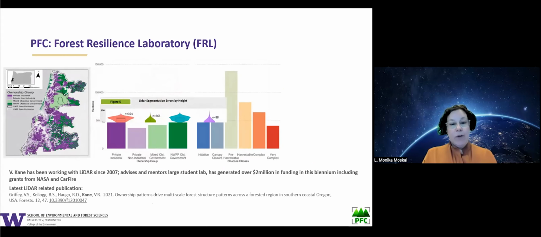Our Forest Resilience Lab has been doing quite a bit of LiDAR research. Dr. Kane's lab specifically focuses on using LiDAR data and looking at resilience of forests under climate change, as well as relating those things to land ownership and even policies that might exist on specific landscapes.